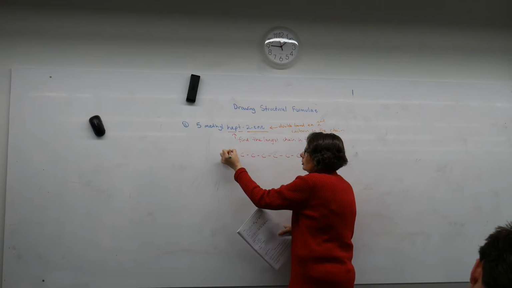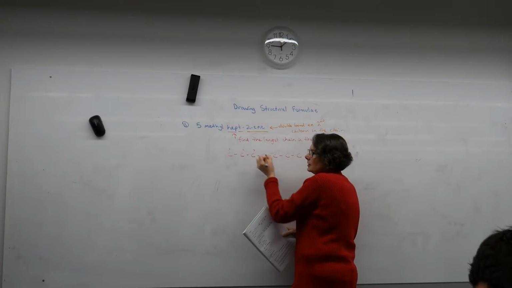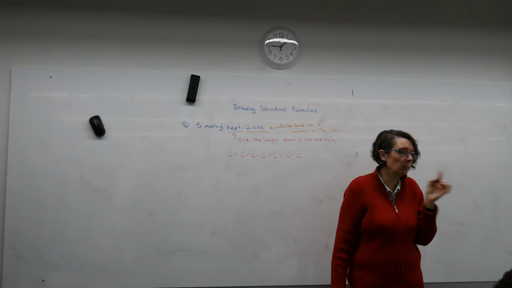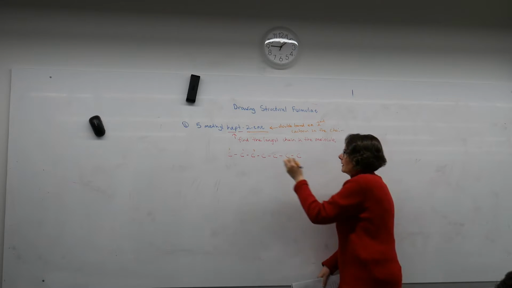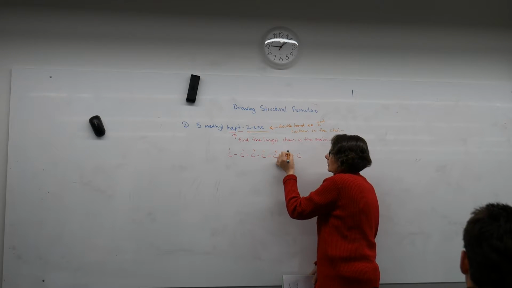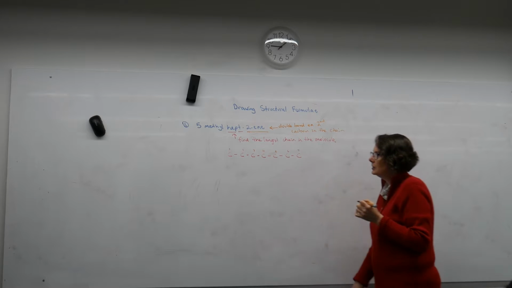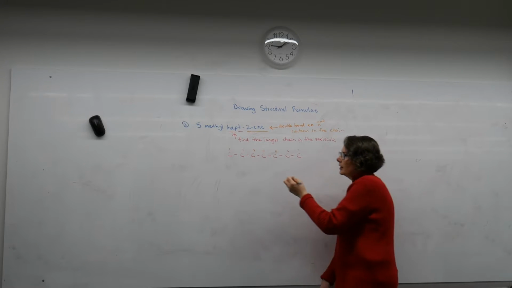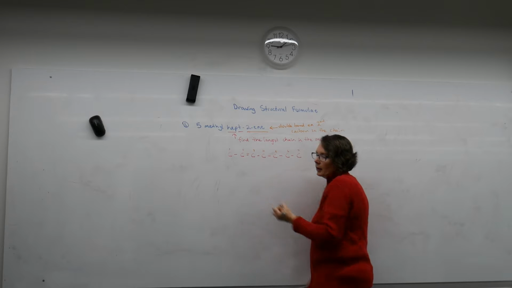So I'm going to come along and I'm going to number. Doesn't matter which end I number from, because at the moment they're both the same. And so this tells me the double bond is on the second carbon. So I can put that in there.